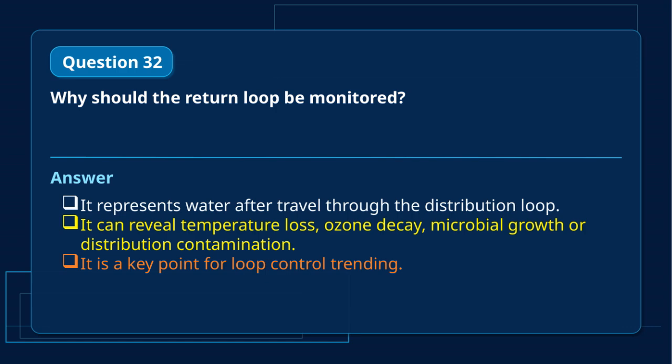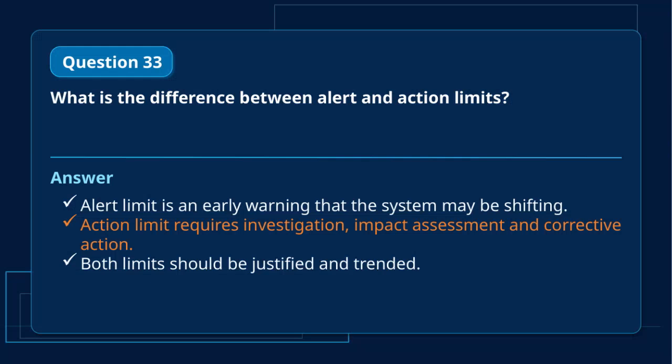Additionally, checking the return loop helps us spot microbial growth or any distribution contamination that could compromise safety. Overall, the return loop is a key point for controlled trending, giving us valuable insights to manage and maintain the system effectively.